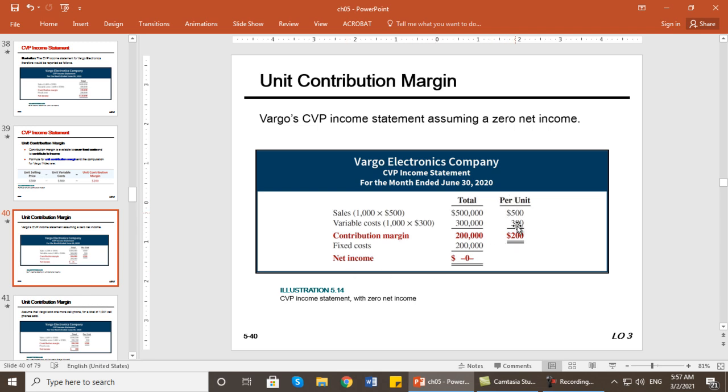The per-unit figures are the same: unit price 500, variable cost 300, contribution margin per unit 200.